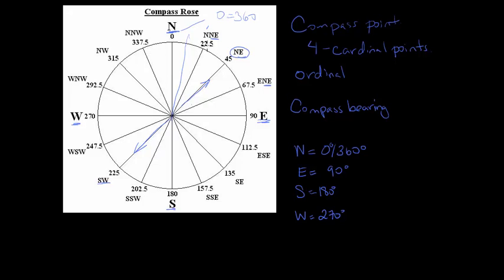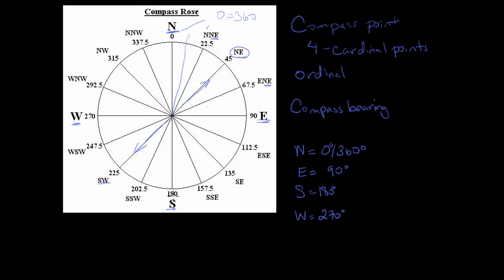So 22.5 north-northeast, 45 northeast, east-northeast 67.5. So you can see 22.5 plus 45 equals 67.5. So that's the midway point between northeast and east. So that's east-northeast.